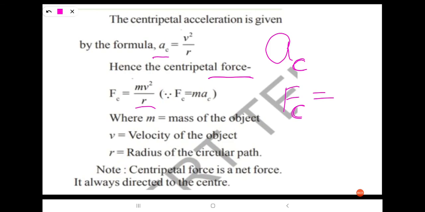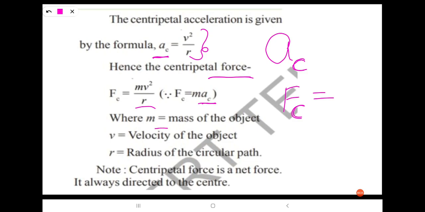We know force equals mass into acceleration. Now we can write m v squared by r because we know a_c equals v squared by r. Instead of a, I have taken v squared by r.